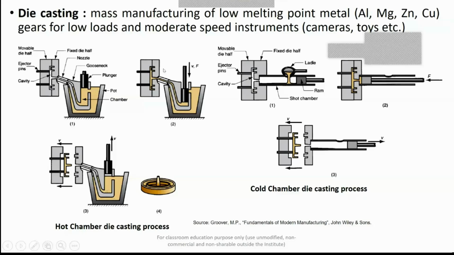In the second step, the plunger is pressed into this chamber under pressure, which ranges from 7 MPa to 140 MPa. With the application of this pressure, the metal is squeezed through this channel and fed inside the die cavity, and then you allow it to solidify for some time.